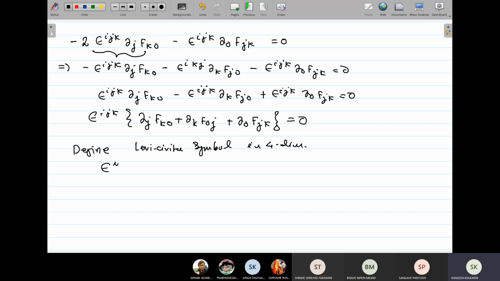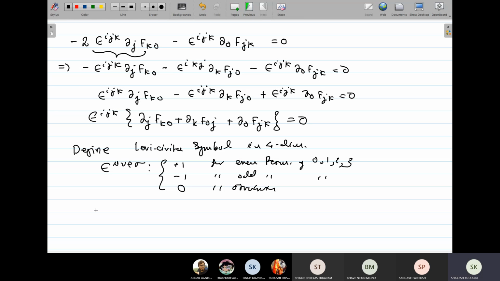Epsilon^{μνρσ} is defined as equal to plus 1 for even permutations of 0, 1, 2, 3, minus 1 for odd permutations of 0, 1, 2, 3, and 0 otherwise.